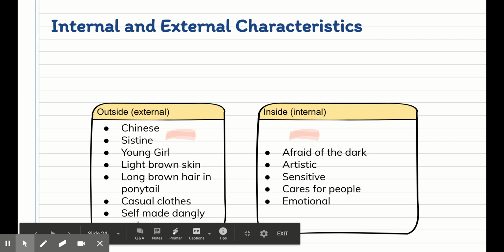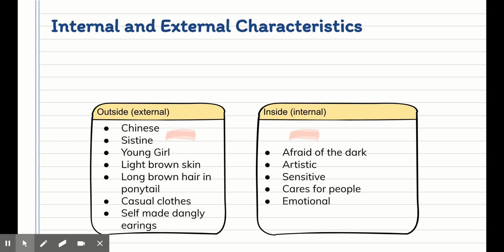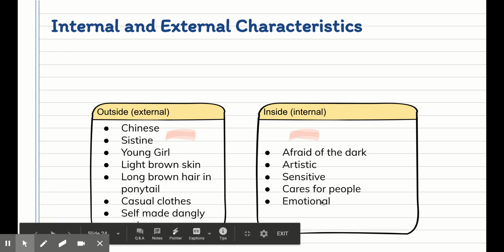Sometimes things get to her easily, like the dark getting to her, and her father being away gets to her. People's judgments get to her. Her feelings get hurt really easily. This is why she's really careful of other people. She assumes everyone else is emotional like her. So I added that to my inside feelings. Emotional.